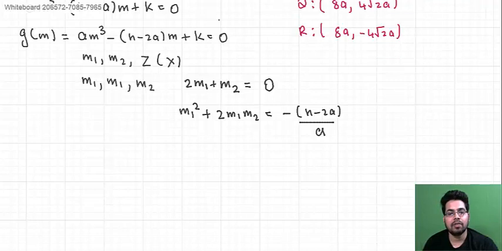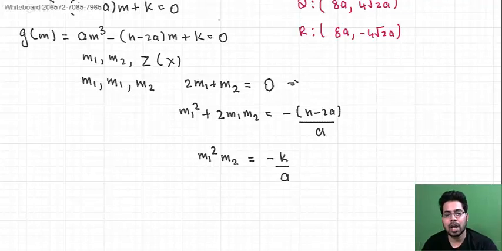Fine. Now if I take the product of the roots, I will get m1 square m2 equals minus k by a.